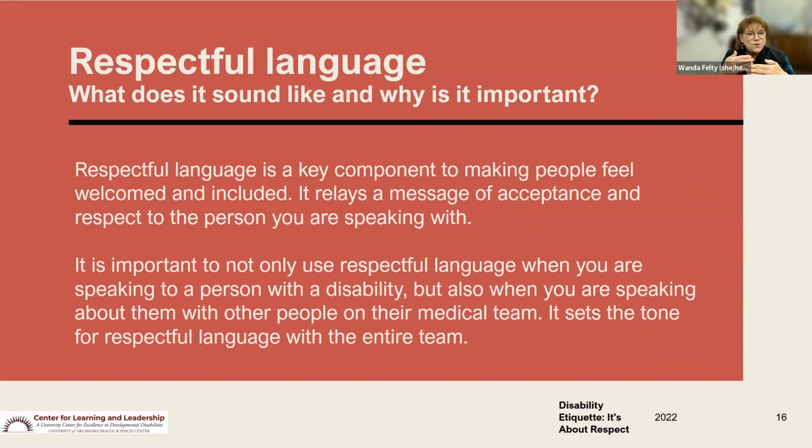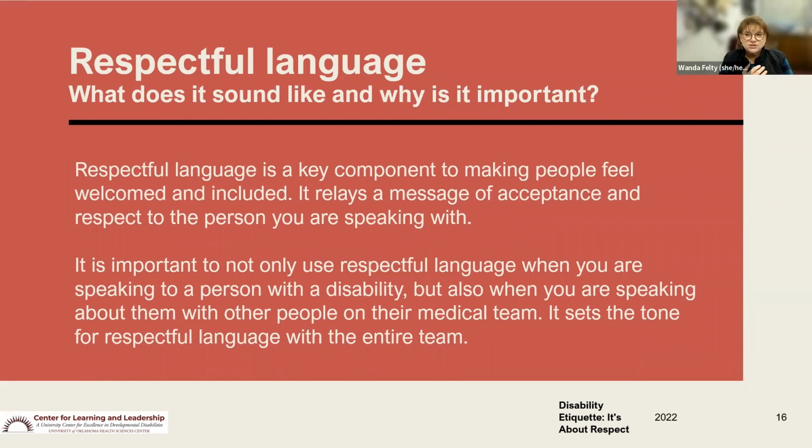But when it comes to honoring people we don't know, or people we do know who have a disability, it's really about honoring them for the person they are, not the disability or the diagnosis or the condition they have. It's important to not only use respectful language to people with disabilities, but also when you speak about other people in medical terms.